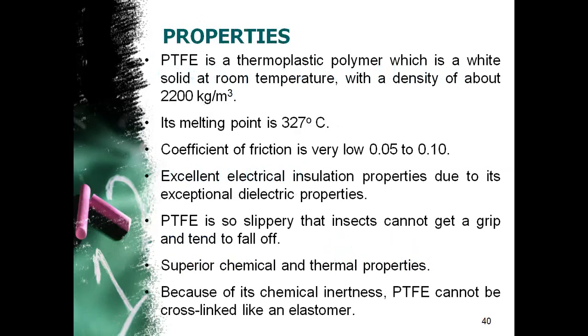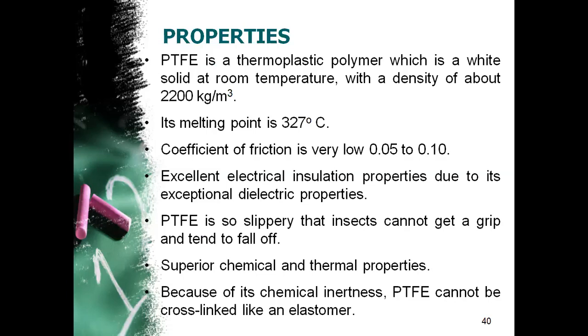Now let's see few important properties of Teflon. PTFE is a thermoplastic polymer which is solid at room temperature with a density of about 2200 kilogram per cubic meter. It has a high melting point of about 327 degrees Celsius.